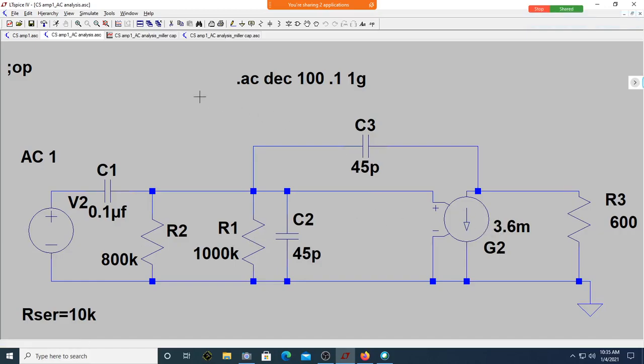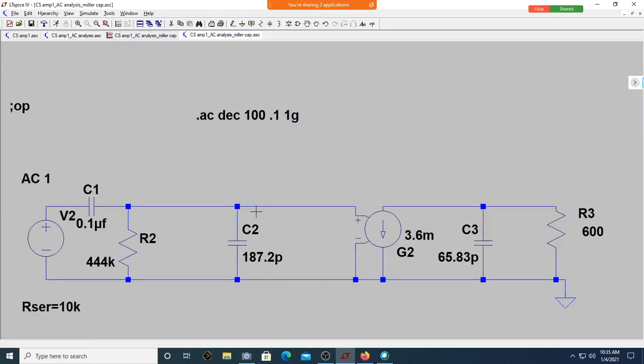This is gm times VGS, and then you are splitting this capacitor onto either side. This will become parallel with this, and the other part will come over here, resulting in this circuit. So all three circuits end up with the same frequency response, same bandwidth, same gain, and these are all equivalent circuits of the same amplifier.